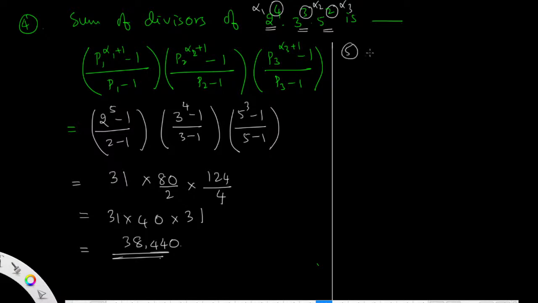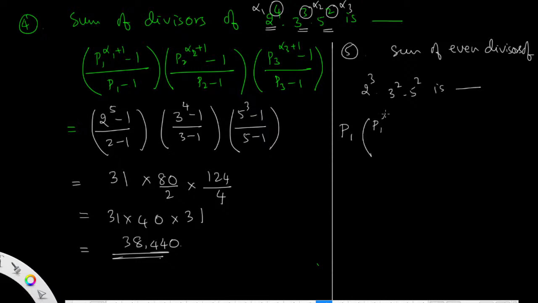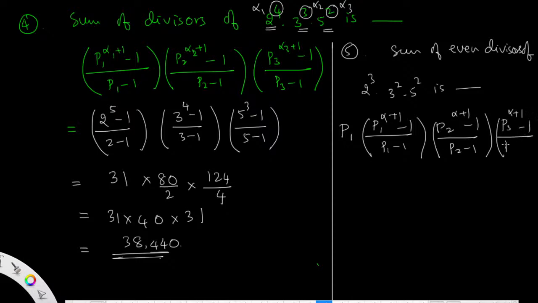Question number 5. Sum of even divisors of 2 cube into 3 square into 5 square is dash. The formula is P1 into (P1 to the power of alpha 1 plus 1 minus 1 divided by P1 minus 1), next P2 to the power of alpha 2 plus 1 minus 1 by P2 minus 1, next P3 to the power of alpha 3 plus 1 minus 1 by P3 minus 1.